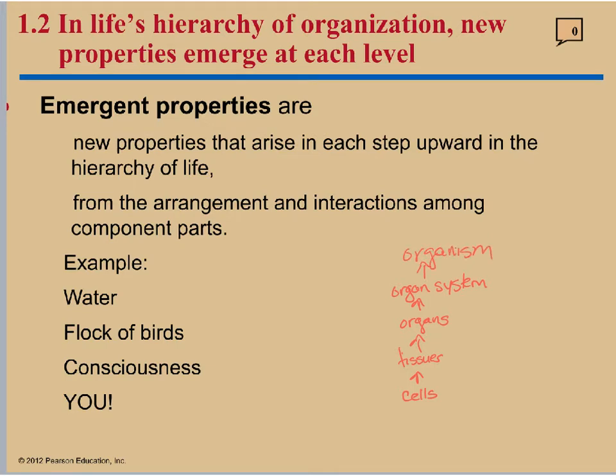So I've given you a couple of examples. At each one of these levels of organization, you'll see different properties come out. So water, think about a water molecule. One water molecule is very different than trillions of molecules that come together to make up your glass of water.